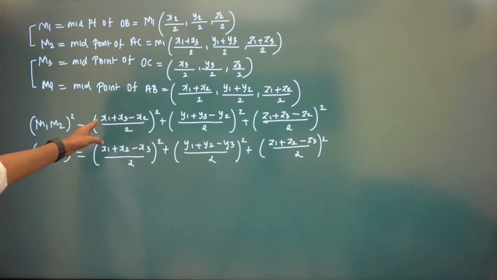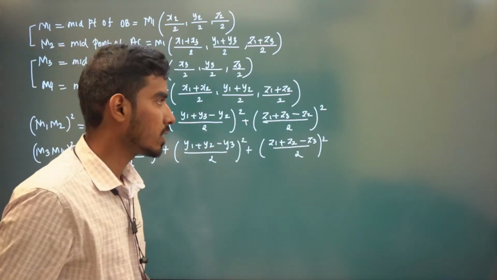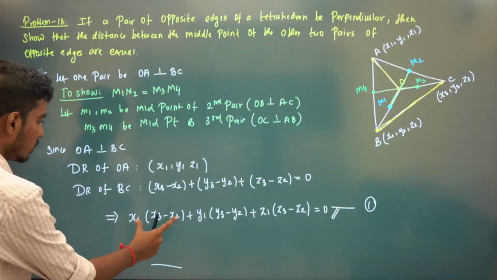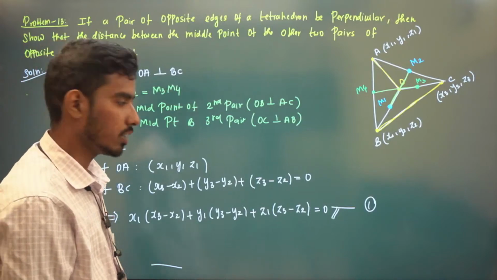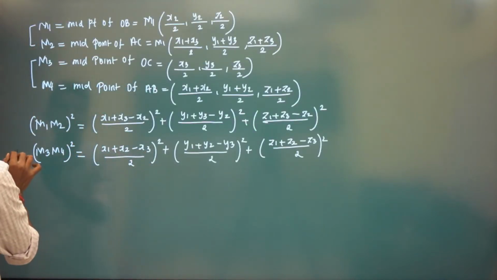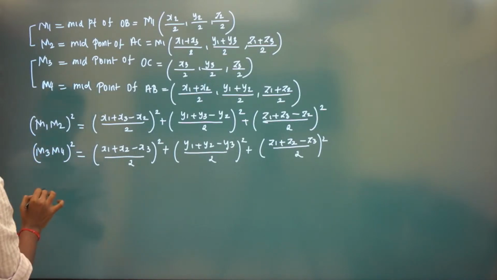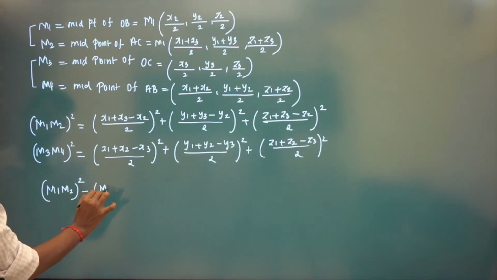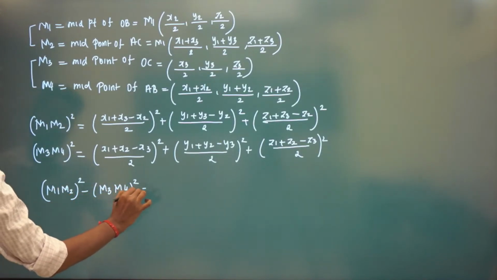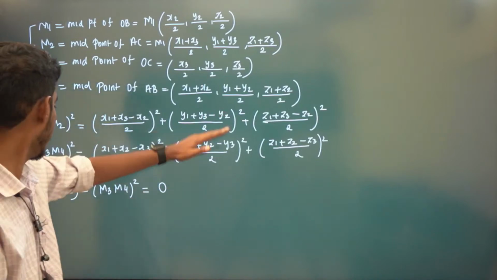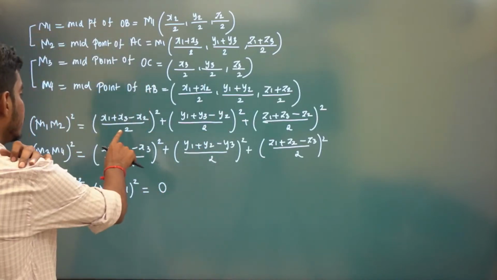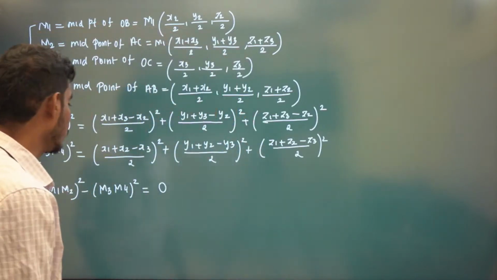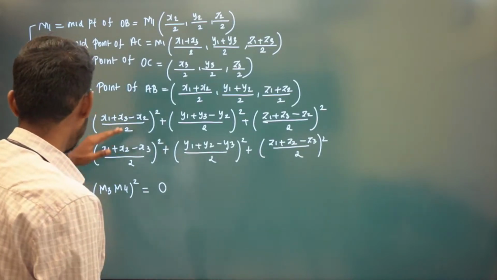Now just make use of the a plus b plus c whole square formula, and you will get many terms cancelled. We will prove that M1 M2 whole square minus M3 M4 whole square is equal to 0. You just subtract these two and show that it is 0. That is the same as proving M1 M2 is the same as M3 M4, right?